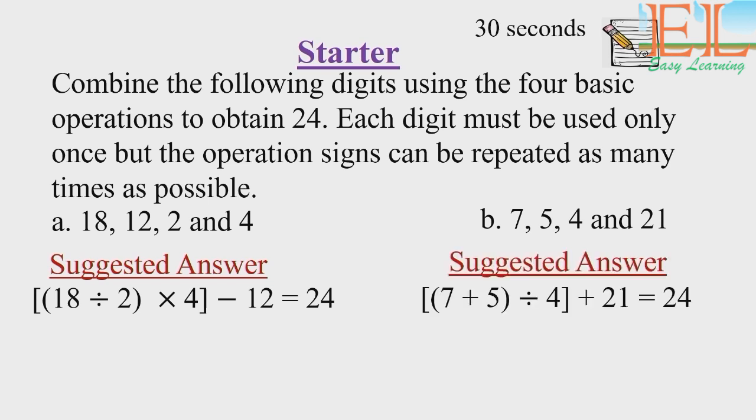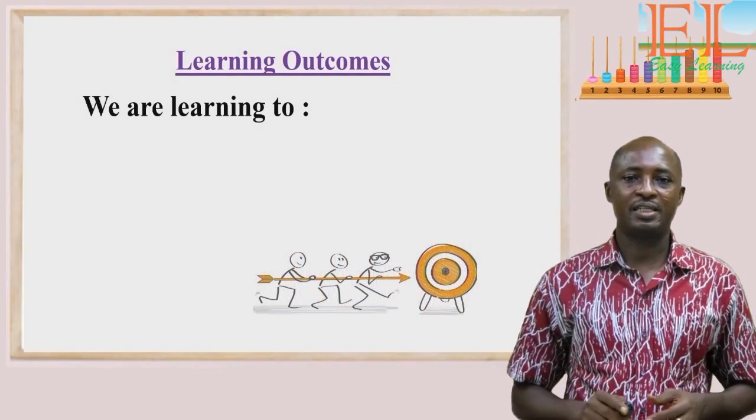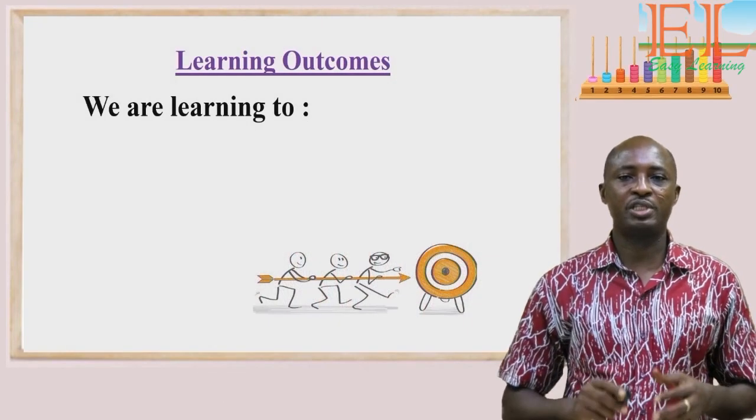This is how I did mine. First, I added 7 to 5. I divided the result by 4. Then I added 21, and that gave me 24. How did it go? Now that we've started, let's look at what we shall learn today.